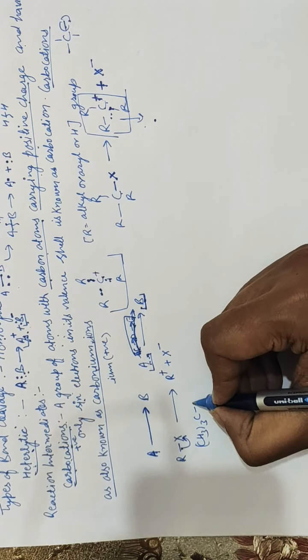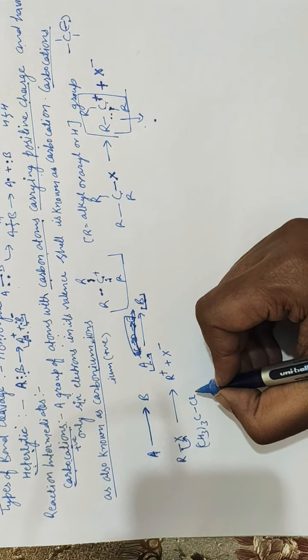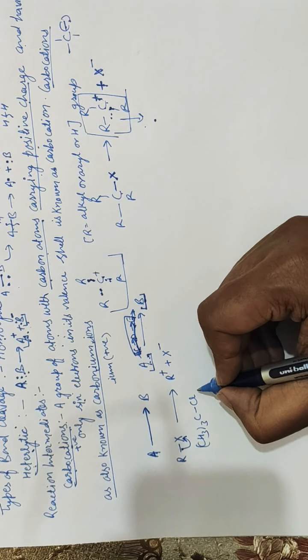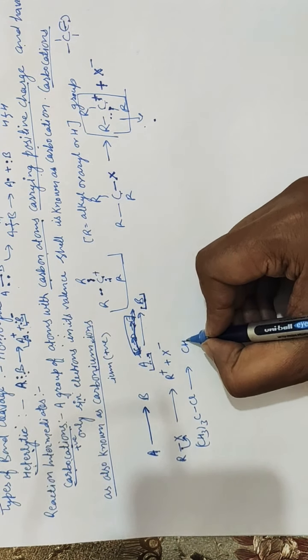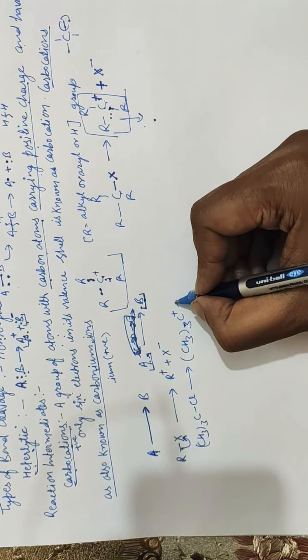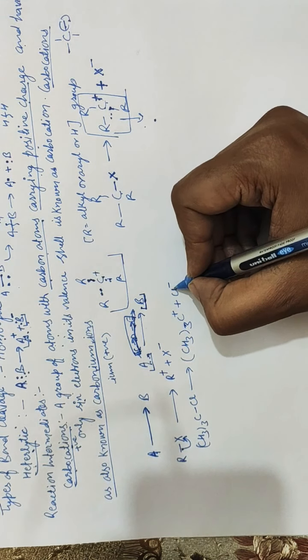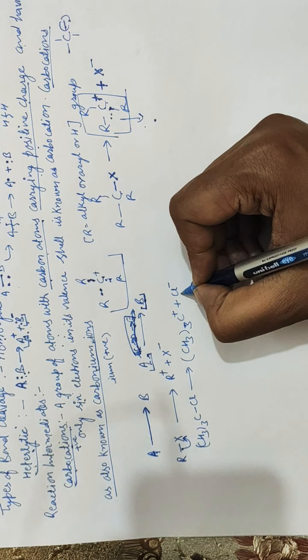Or this tertiary butyl chloride undergoes heterolysis to form the carbocation, C positive, plus chloride negative, and this is the heteroatom that goes away.